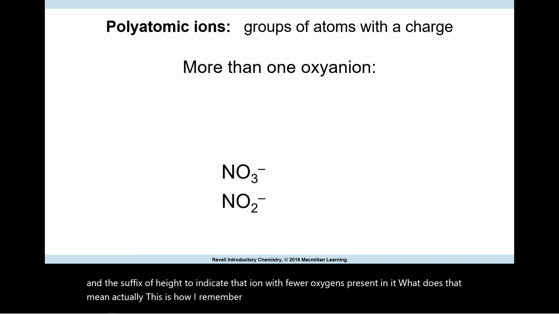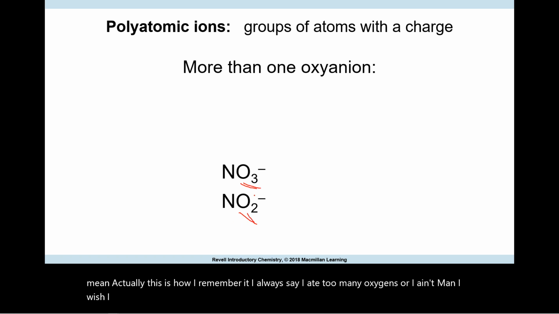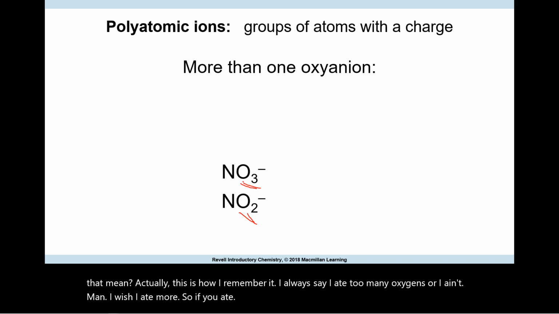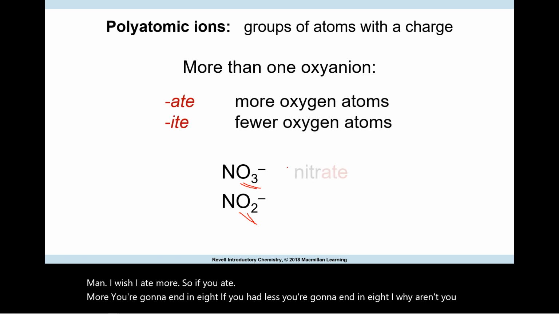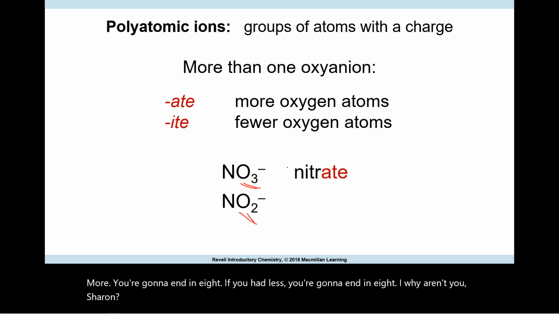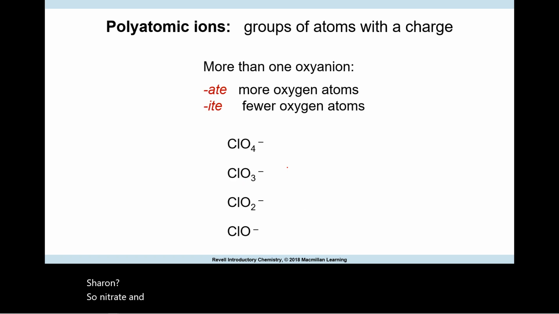I always say, oh, I ate too many oxygens. Or, man, I wish I ate more. So if you ate more, you're going to end in ate. If you had less, you're going to end in ite. So nitrate and nitrite.